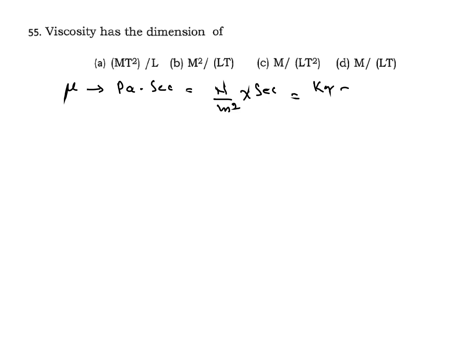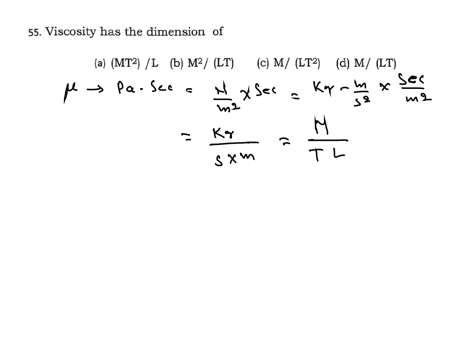So we get kg by second into meter. M is mass, second is time T, meter is length L, so M by LT. So D is our answer.